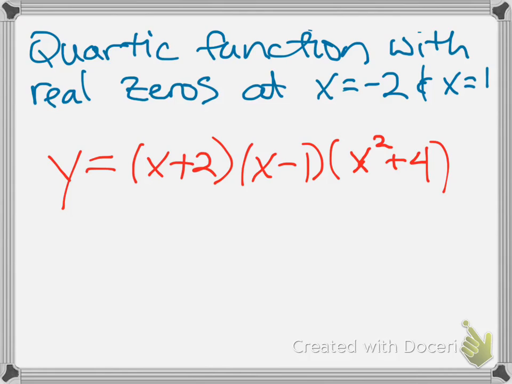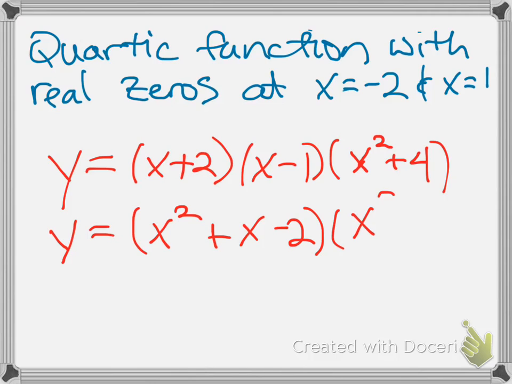If we want to go ahead and write our polynomial function in standard form, then of course we're going to have to do a little bit of multiplication. So I'm going to go ahead and multiply the first 2 binomials together first. I'll get x squared plus x minus 2 times the binomial x squared plus 4. And then just doing a little bit more multiplication, I distribute the trinomial to the binomial.